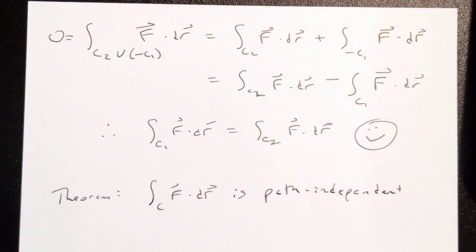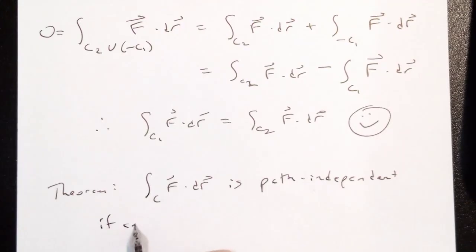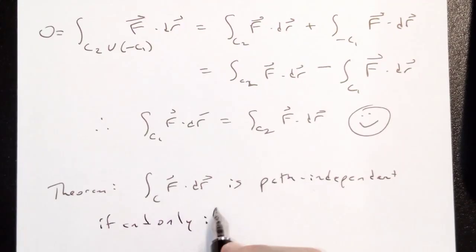My integrals are path independent if and only if the integral over C of F dot dr equals 0 for every closed path C.